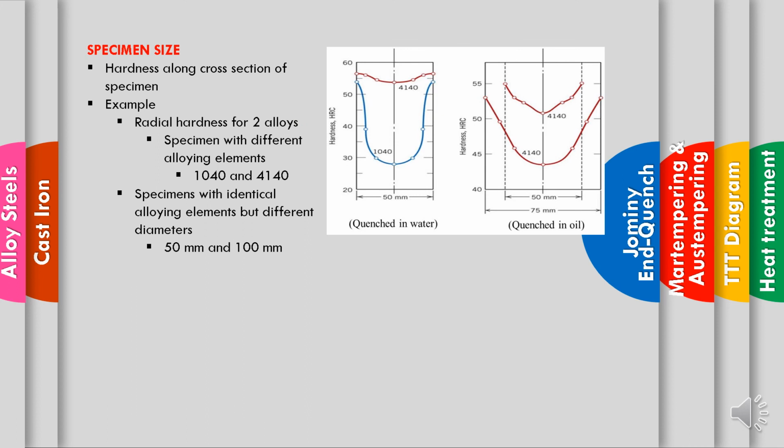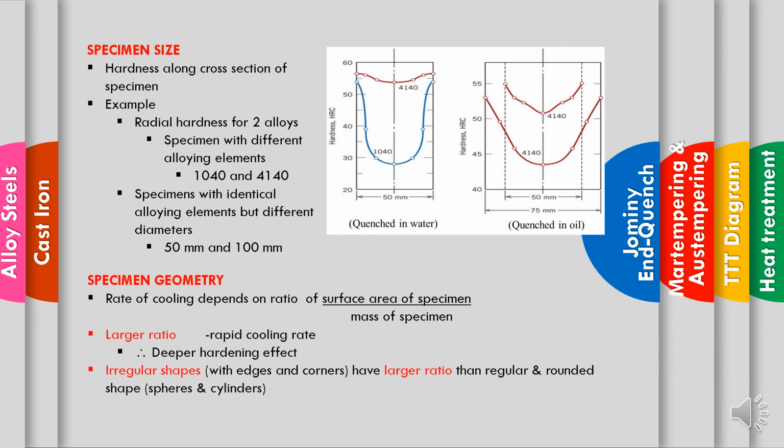So the specimen size basically affects the hardness. When the specimen is bigger, it will produce a hardness that is much less than with a smaller diameter. And then we proceed to cast iron.